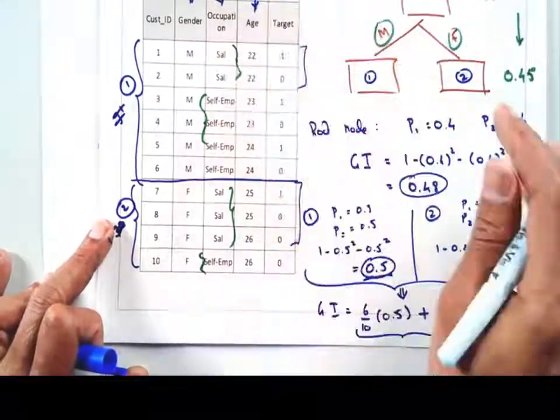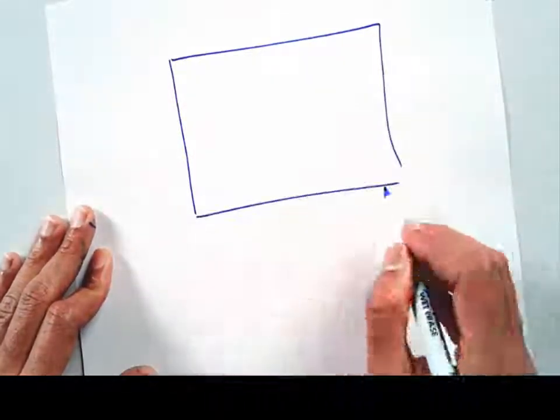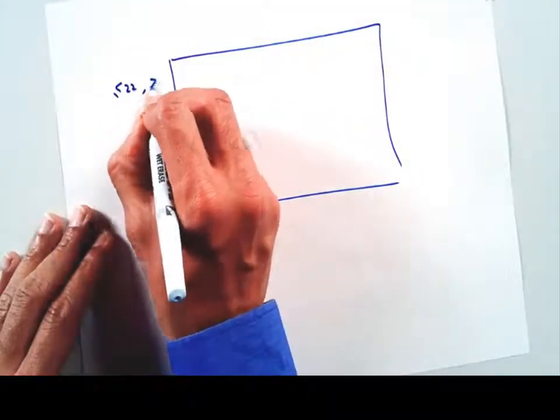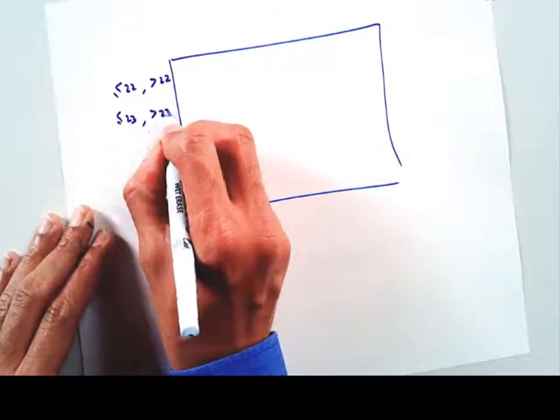Let's try age. With age, things become a little more interesting because age is not a categorical variable. It's not as simple as splitting by male versus female. What you'll have to end up trying is various splits. You've got to try age of less than or equal to 22, comma, greater than 22, less than or equal to 23, comma, greater than 23, and so on.